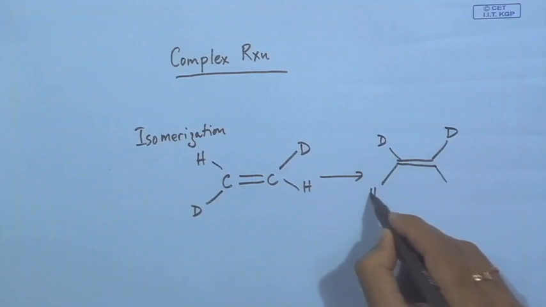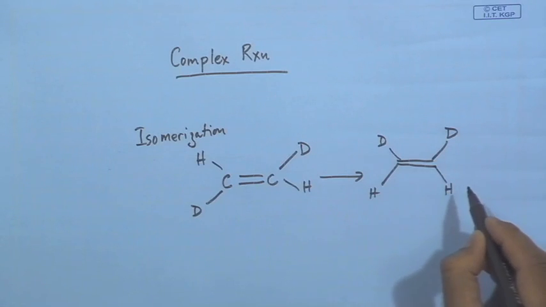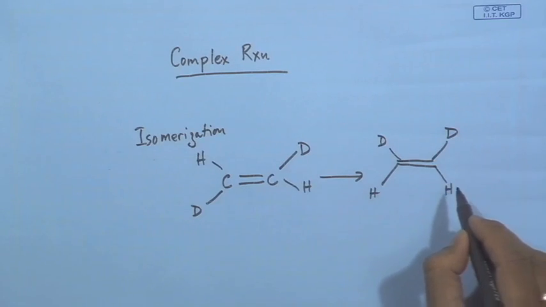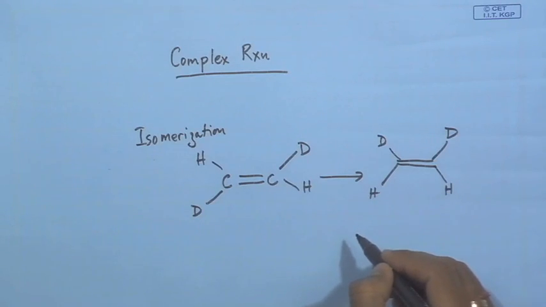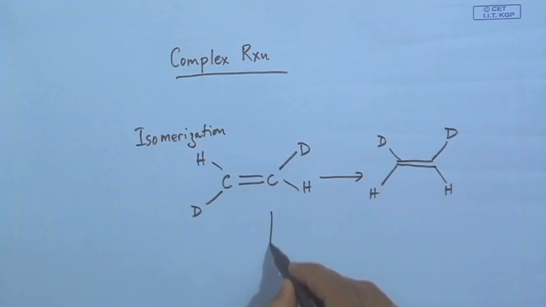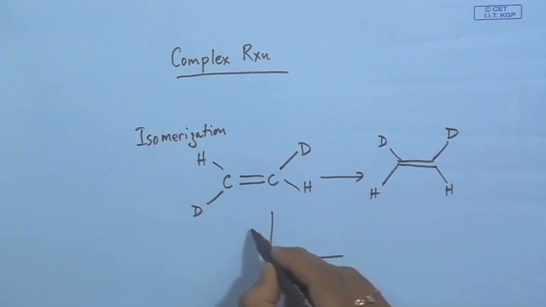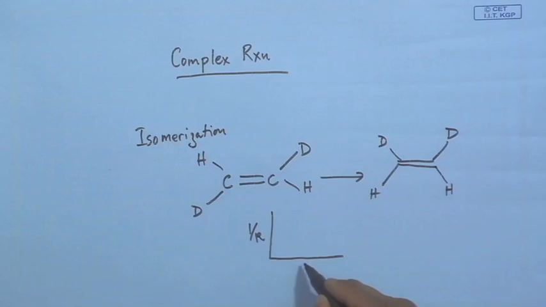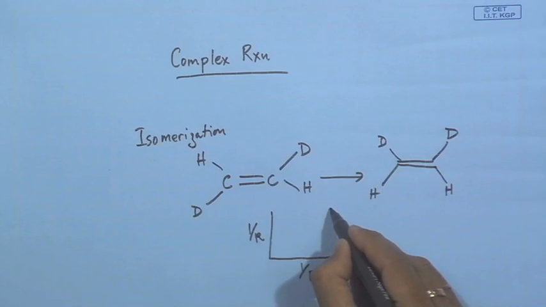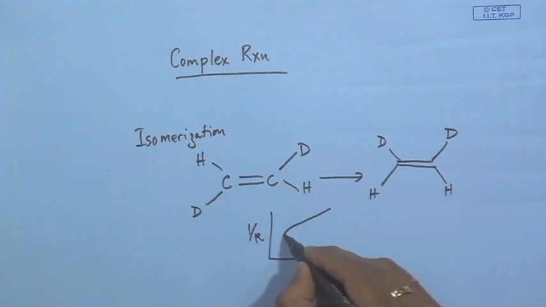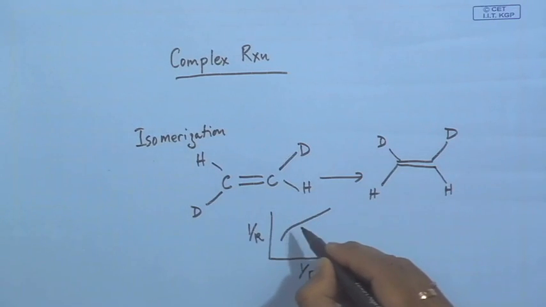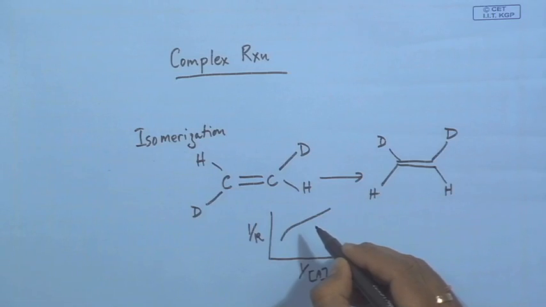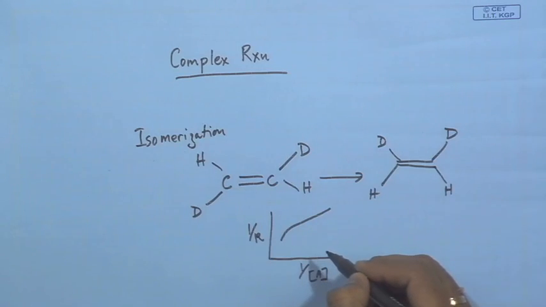This is found to follow the Lindemann mechanism, and it shows the pressure dependence. Like if this is 1 by K and if this is 1 by A, that is concentration of A, then it is found to follow like this, it deviates from linearity when pressure is increased. Okay.